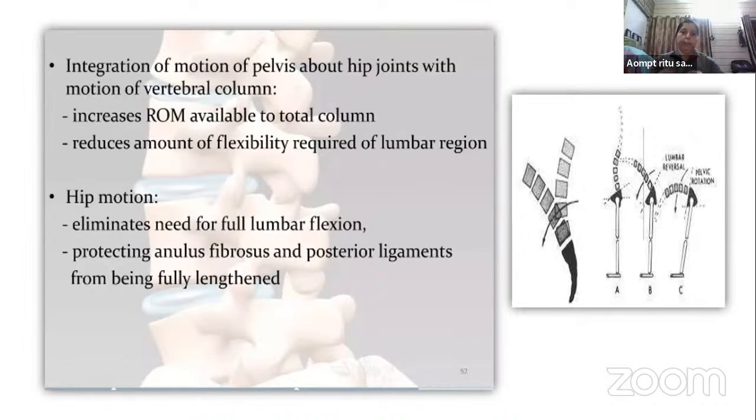If the patient is not getting pain, it means the pelvis involvement is not there. But if while doing the flexion the pelvis is also moving, and after blocking the pelvis there is no pain, it means the pelvis was the cause, since we have given the force closure. We have blocked the pelvis, so the patient is doing only the lumbar spine movement. So we have to differentiate between the movement of the lumbar spine and the pelvis.